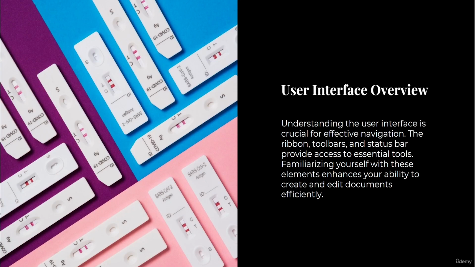First, you need to know, let's say you want to put some shape inside your Word document, where that particular option is available. According to that, you can go to that option and access it from there.